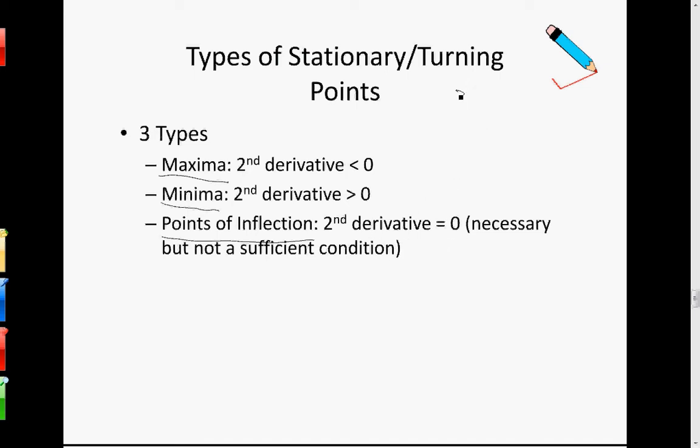The graph of y equals x to the power of 4 looks like this, just like the x squared graph, and its second derivative at x equals 0 is 0, but it is not a point of inflection. So for such cases, you have to revert back to your sign test, or your first derivative test.